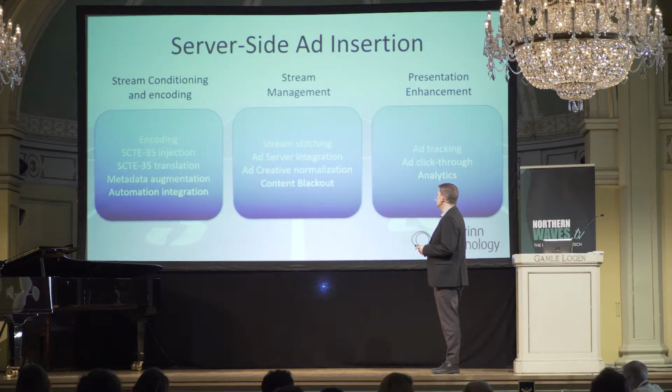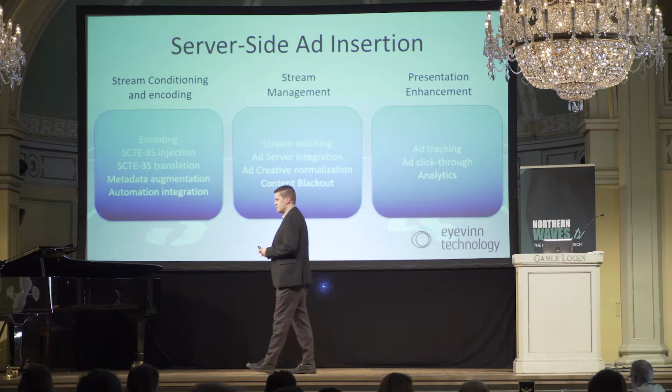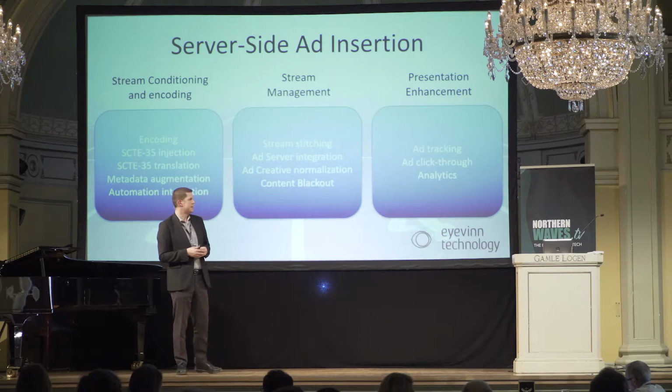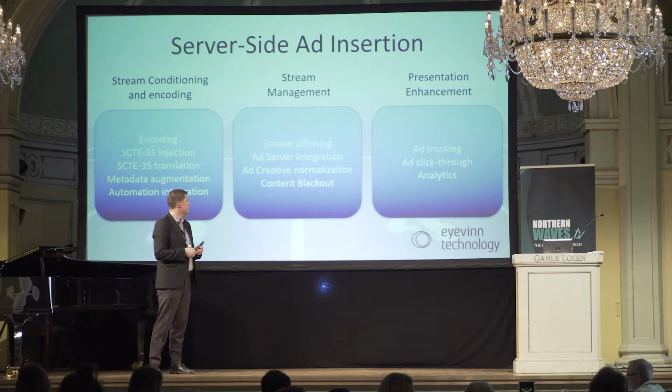And they can also do the same thing with content blackout. And also, and that's one of the problems that Magnus mentioned before, you still see a little bit of quality issues when it comes to an ad. One of the purposes of the server-side stitcher is to normalize the ad creative coming in into the same format and same conditions as the original stream.